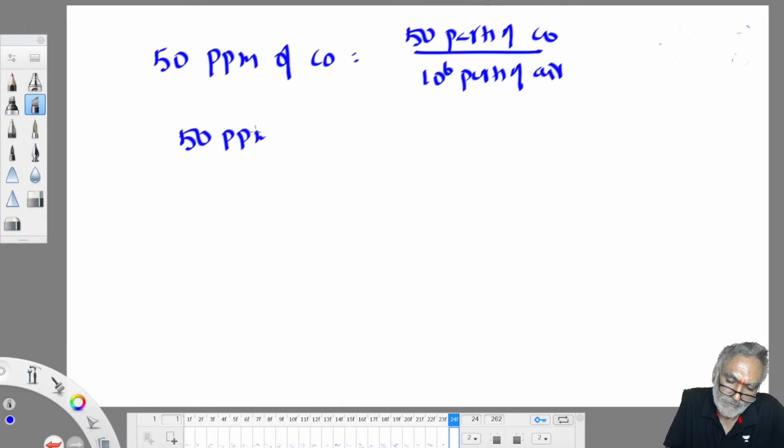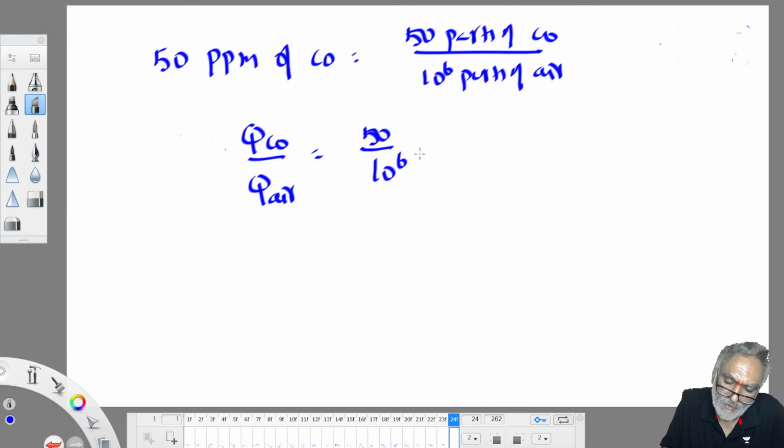50 ppm. So Q carbon monoxide by Q air is equal to 50 by 10 power 6. From this you can find out at what rate the airflow rate should be there in the atmosphere to maintain.